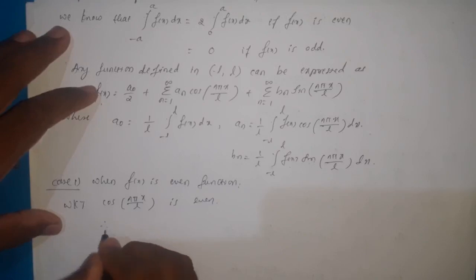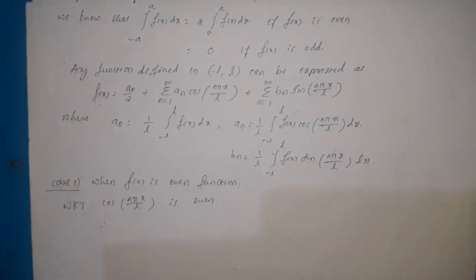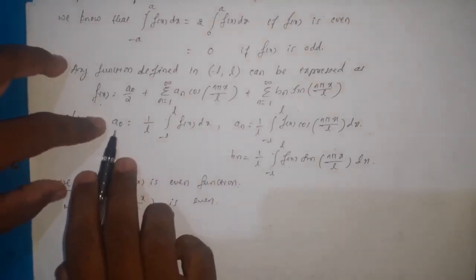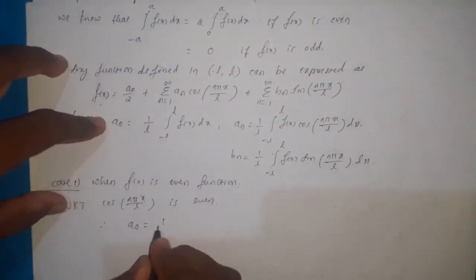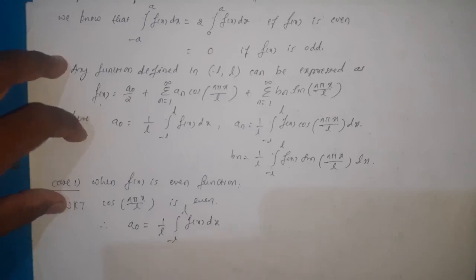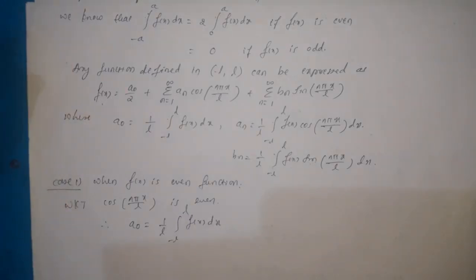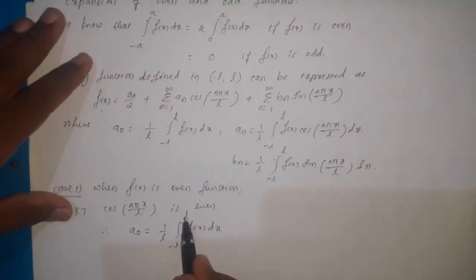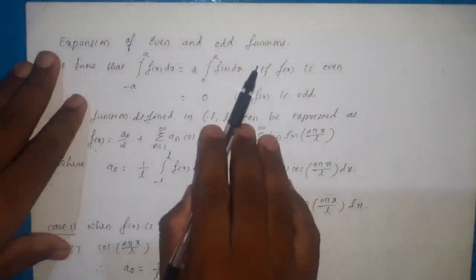So let us write the Euler's formulae for the Fourier constants. So a naught equal to 1 by L integral from minus L to L of f of x dx. So already we know that the function is even function, and this minus L to L can be written as 2 times 0 to L by using this property.